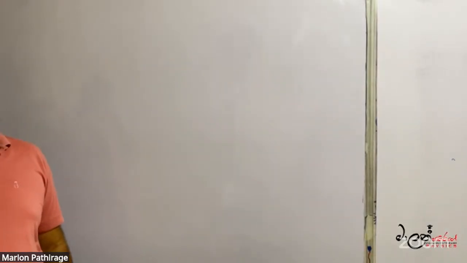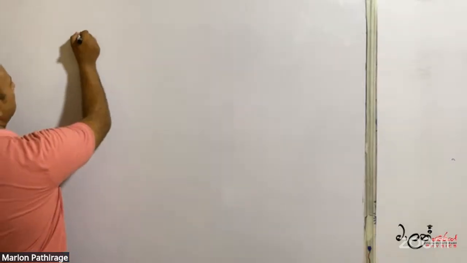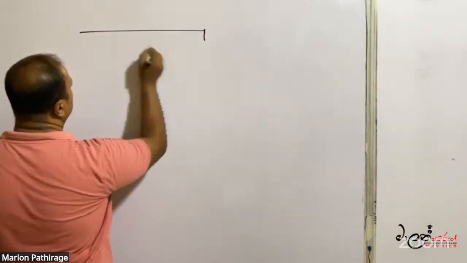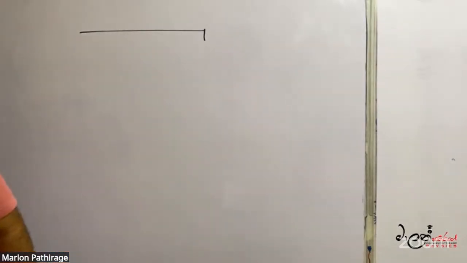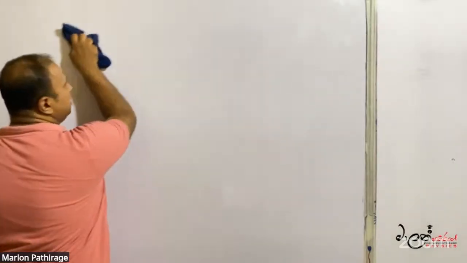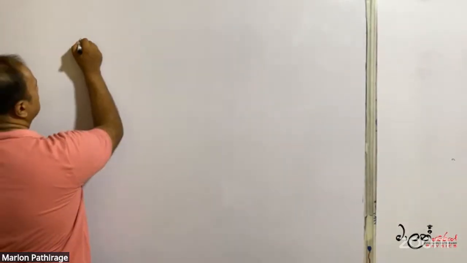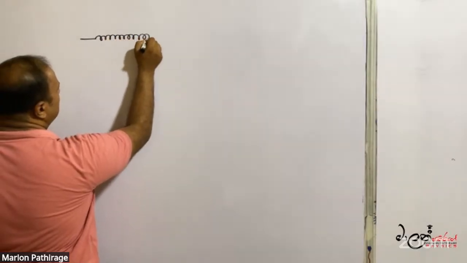Then question number 70. Look at question number 70. Question number 70 is a 2013 question. Now there's a spring like this.